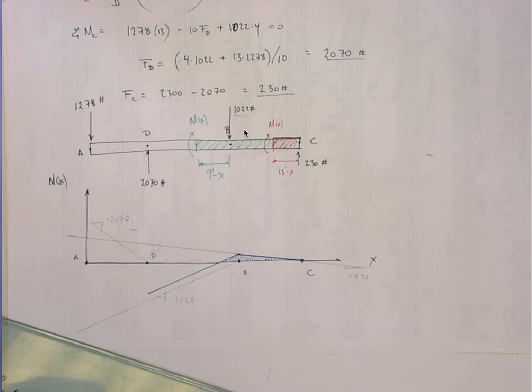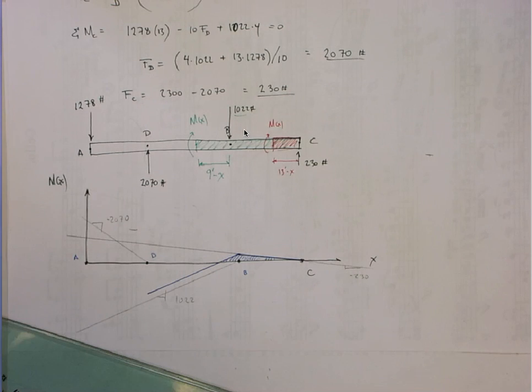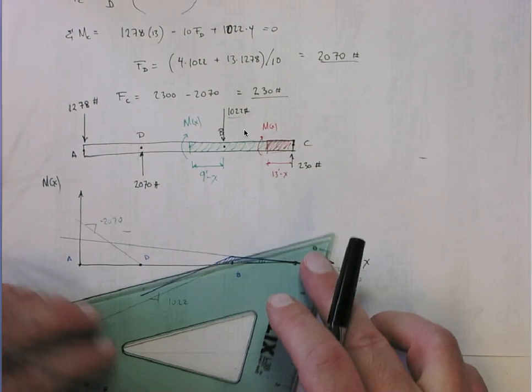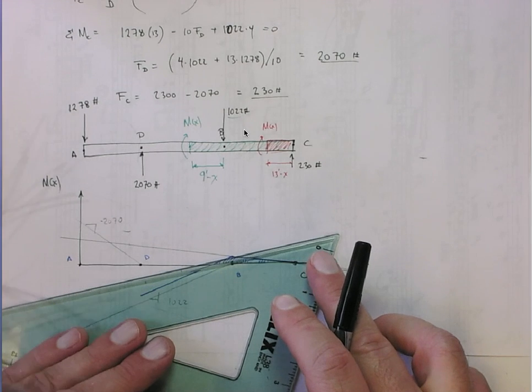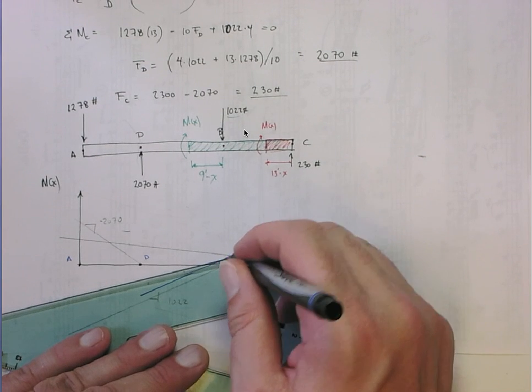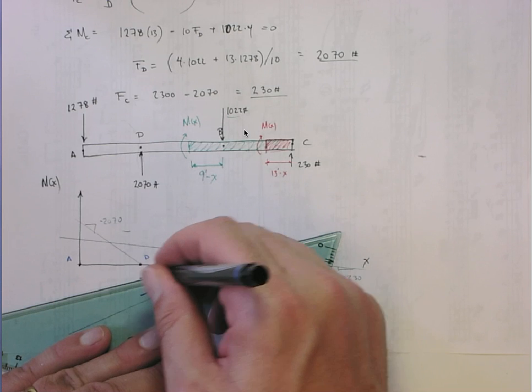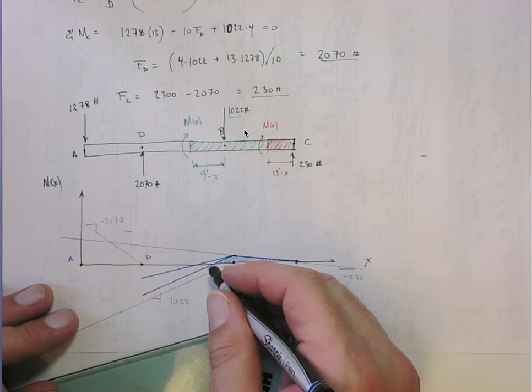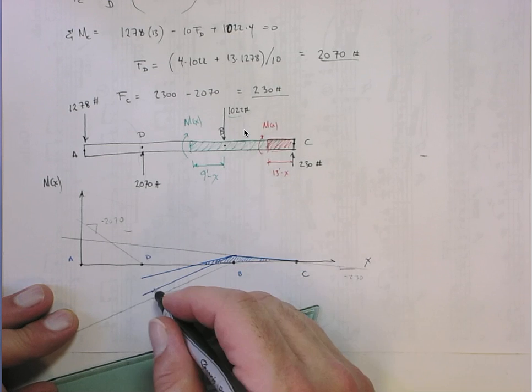Wait, am I doing this right? Yeah, it's not going to be parallel, it's actually going to be like a bisector, right? So it's actually going to go like this. So forget this line.